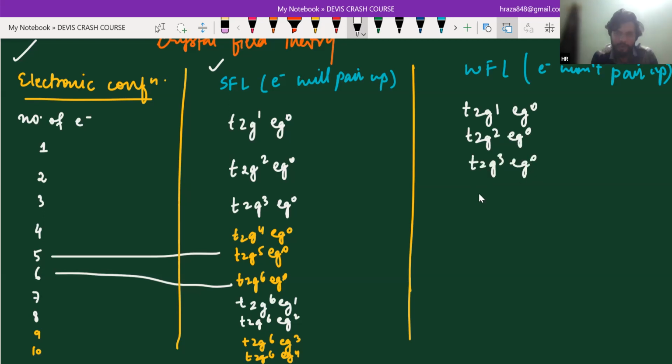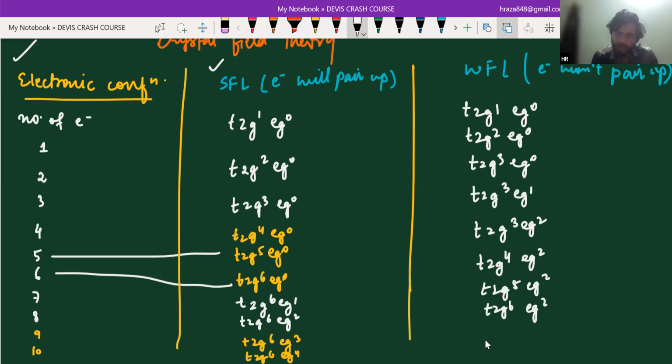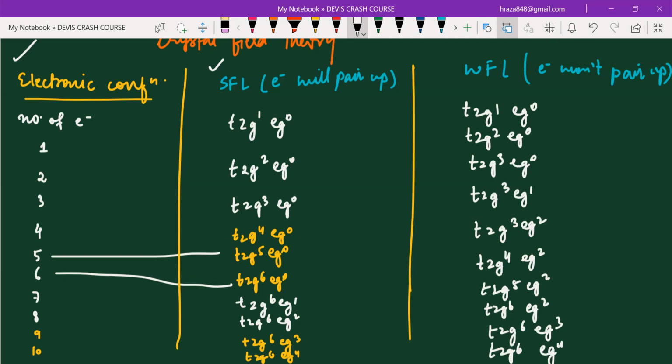Electrons won't pair, so that means T2G3 and then EG1, and then T2G3 EG2, and then T2G4 comes to the lower energy level again, with EG2, and then T2G5 EG2, and then T2G6 EG2, and then since T2G is completely filled, it goes to EG3, and then T2G6 EG4. This is how we are going to do the configuration in terms of T2G and EG. Are you getting my point? So this is the configuration which is very important.